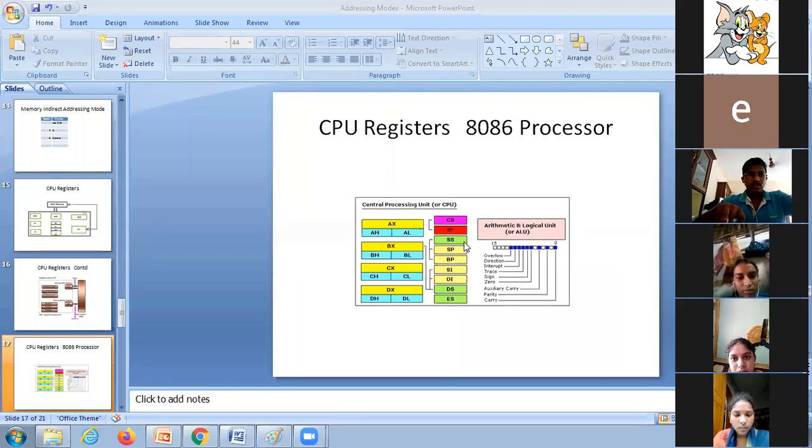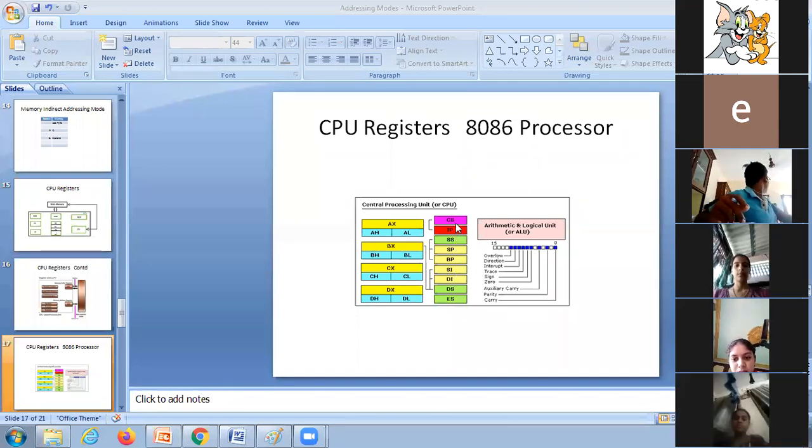Are you comfortable with the stack pointer register now, all of you? Yes, sir. Okay. Similarly, there are 4 segments: code segment, stack segment, data segment and extra segment.